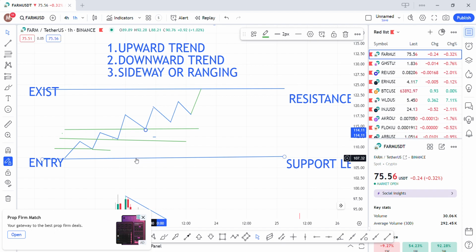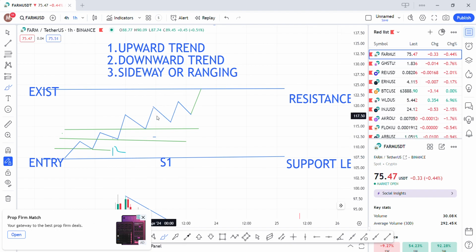This could be your support 1, S1. This could be your resistance 1. This one will be your S2, and this one will be your R1. You understand? So that is it.